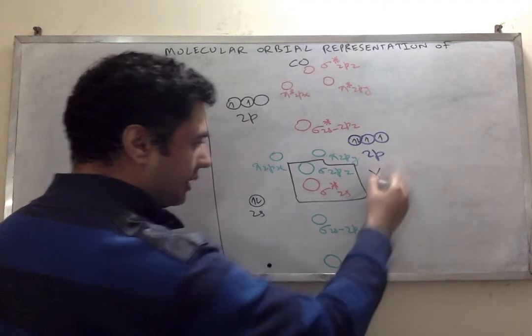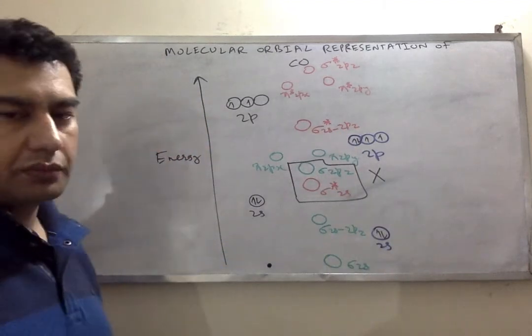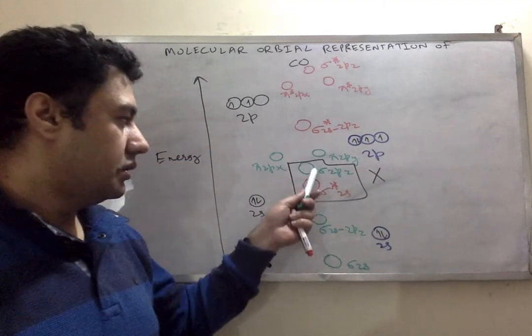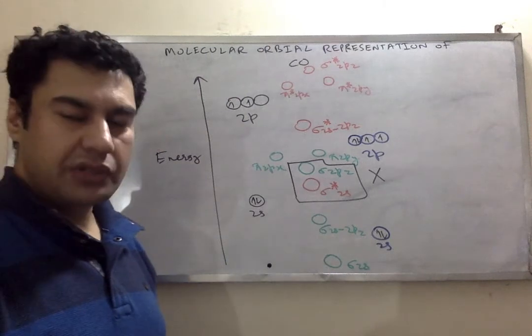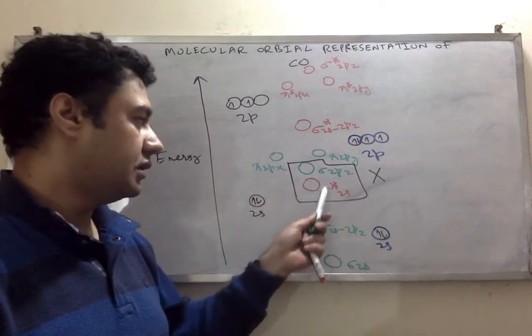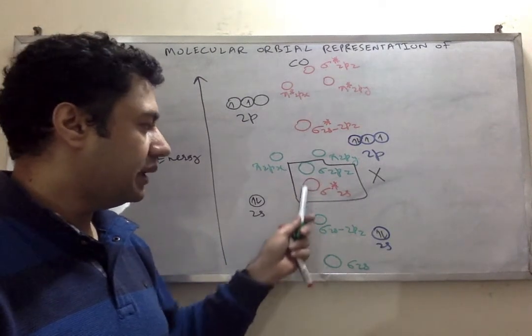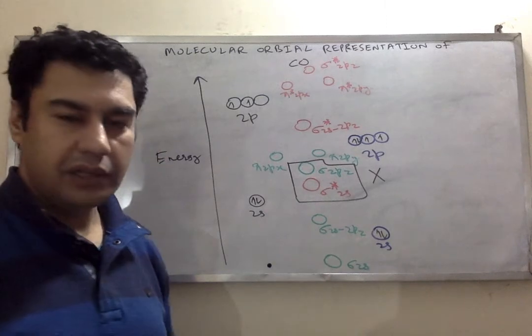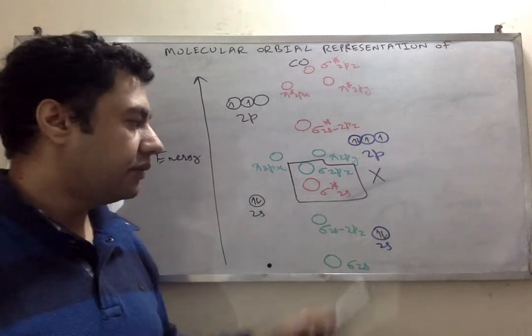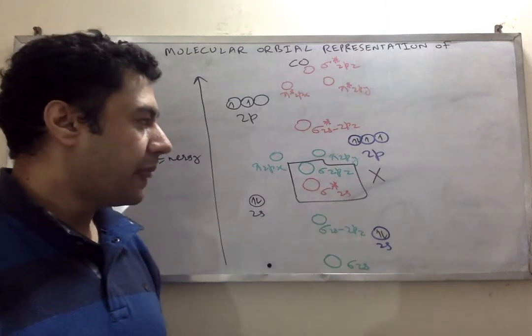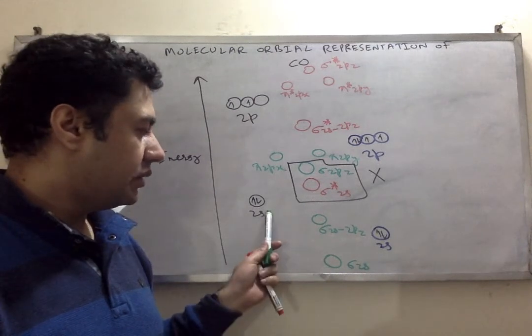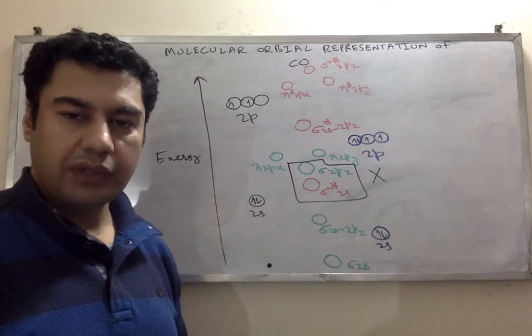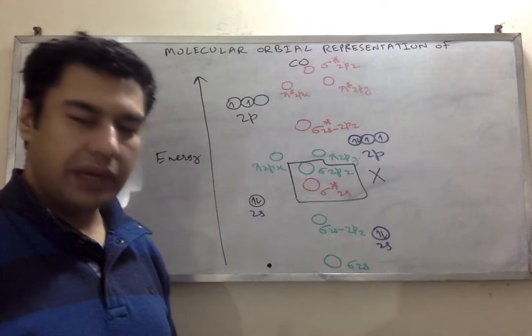So we can completely ignore these two molecular orbitals. Their energies are too close, so essentially they destroy each other, and we don't need to bother about them. So now let's start to fill up the various electrons following the Aufbau rule and Hund's rule.